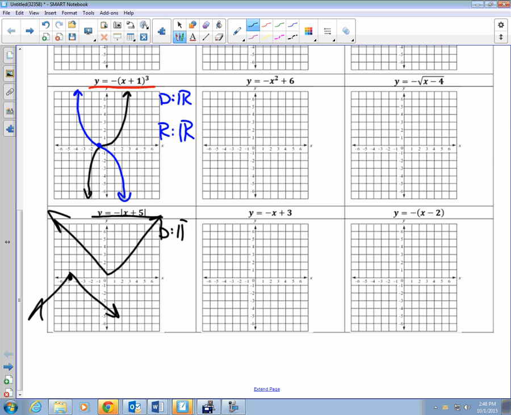Domain, all reals. But the range, what's the biggest y value you can get out? 0 is the biggest y value. See, I'm at a height of 0 here. So y less than or equal to 0.